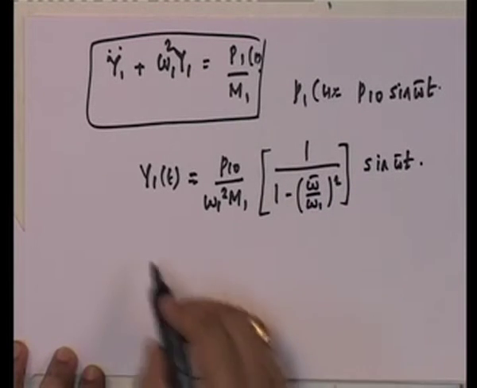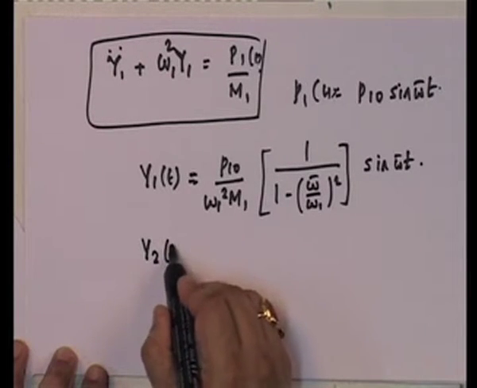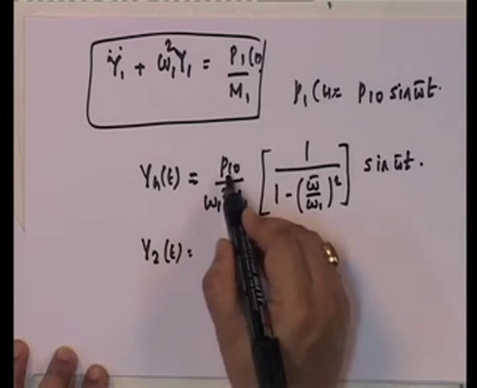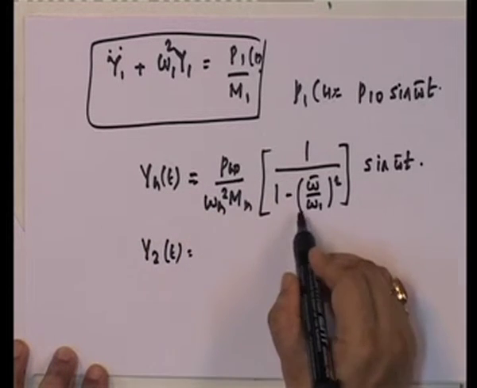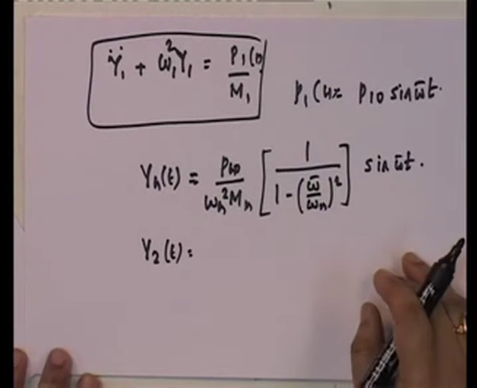So, y n of t will be P n upon k n into this, sine omega bar t. That is the solution.